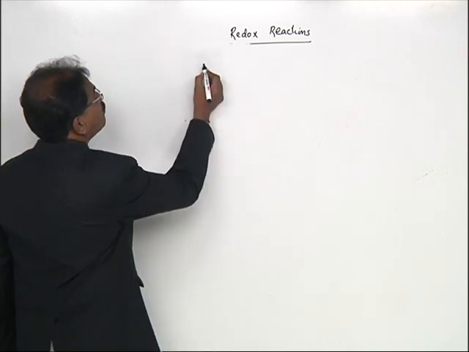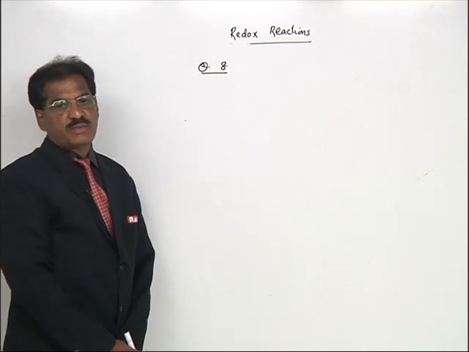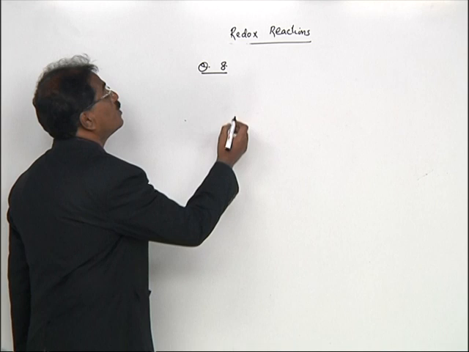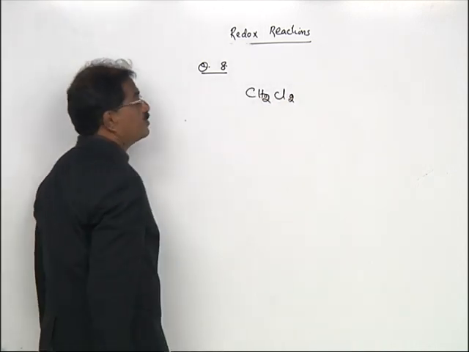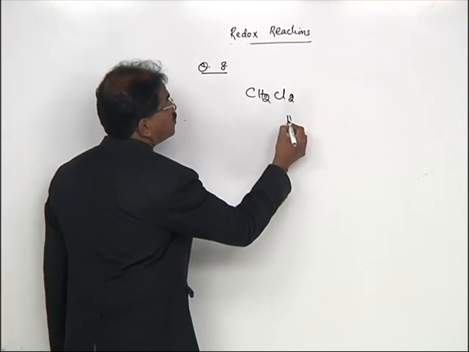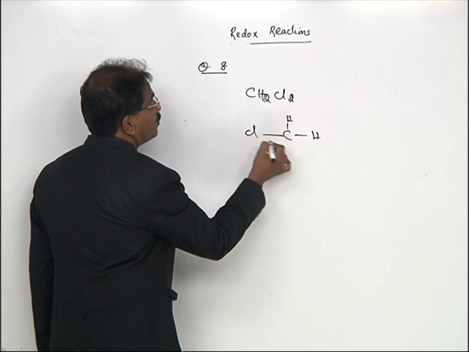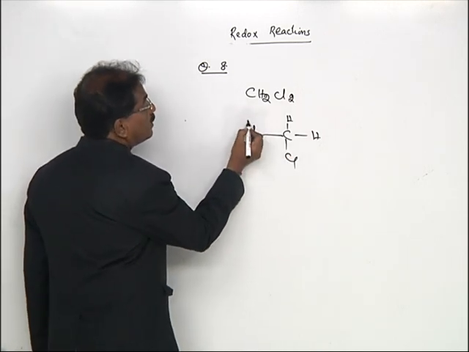Next, question number 8. The oxidation number of carbon in CH2Cl2. If you observe the structure of CH2Cl2, we know chlorine is more electronegative than carbon. Therefore, each chlorine will gain 1 electron.